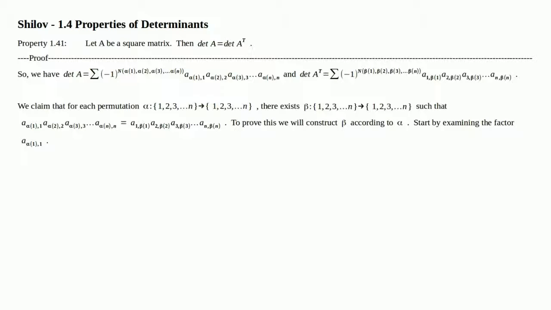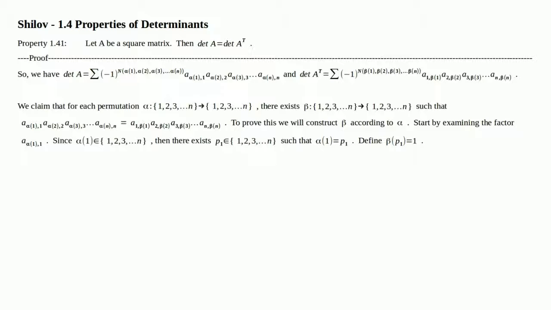To prove this, we will construct beta according to alpha. Start by examining the factor A sub alpha of 1, 1. So just check that one out. Since alpha of 1 is in the set 1 through n, then there exists a p sub 1 in the set 1 through n such that alpha of 1 is equal to p sub 1.